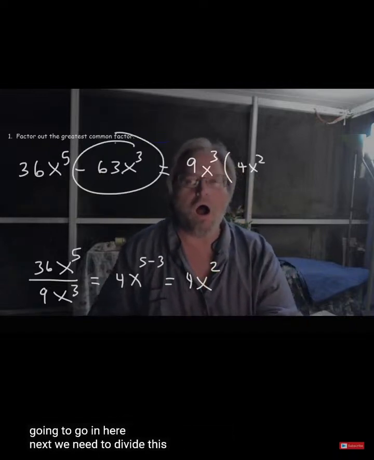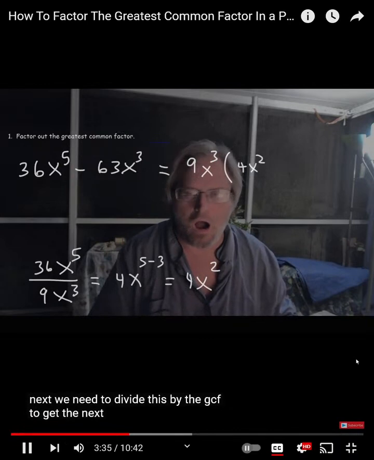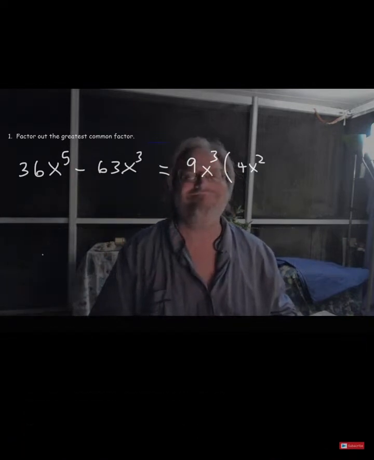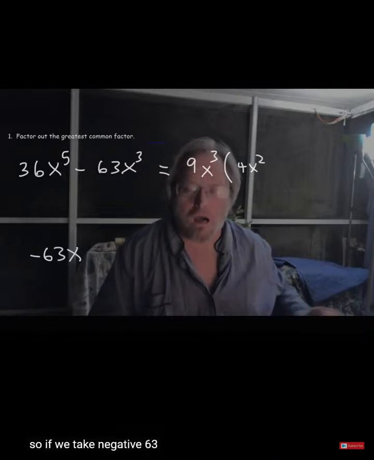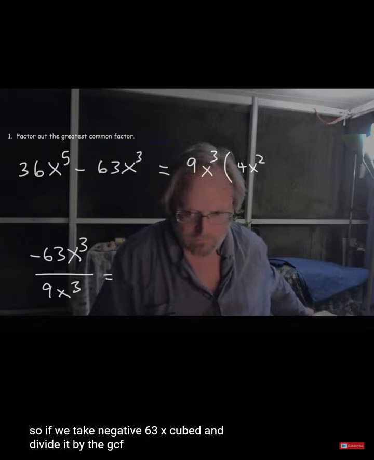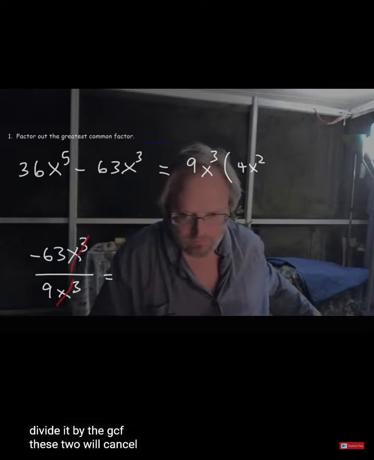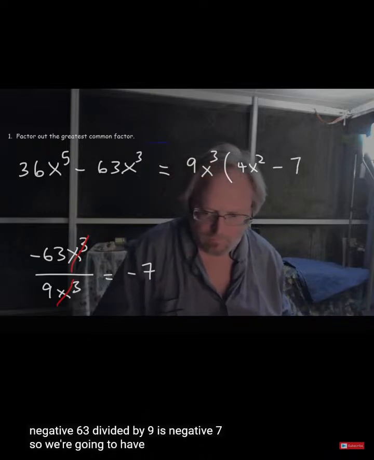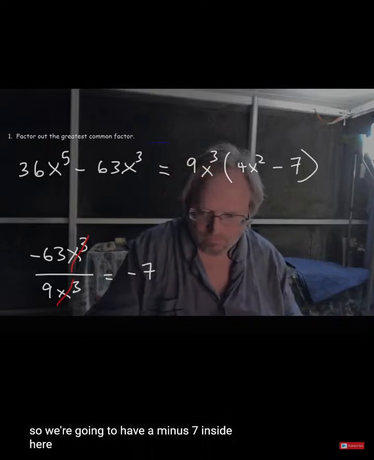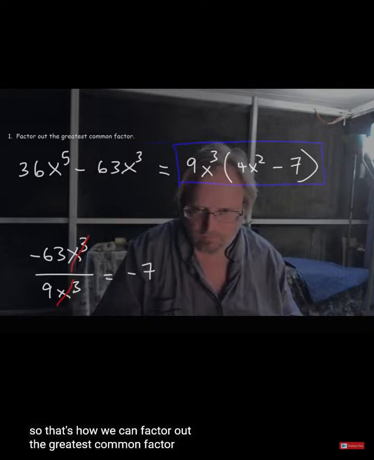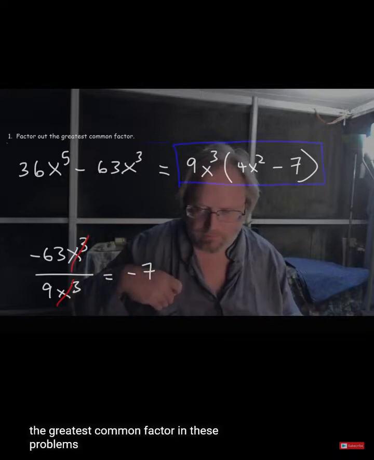Next, we need to divide this by the GCF to get the next term inside the parentheses. So if we take negative 63x cubed and divide it by the GCF, these two will cancel. Negative 63 divided by 9 is negative 7. So we're going to have a minus 7 inside here. So that's how we can factor out the greatest common factor in these problems.